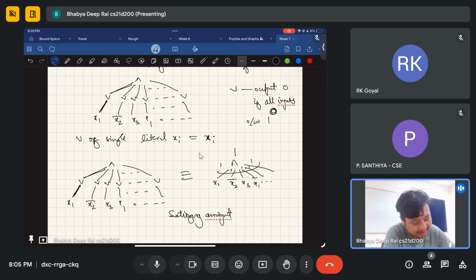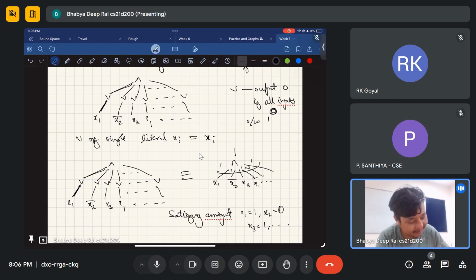So x1 equals 1, x2 bar equals 1, which means x2 is equal to 0, and x3 equals 1, and so on. This is a satisfying assignment.